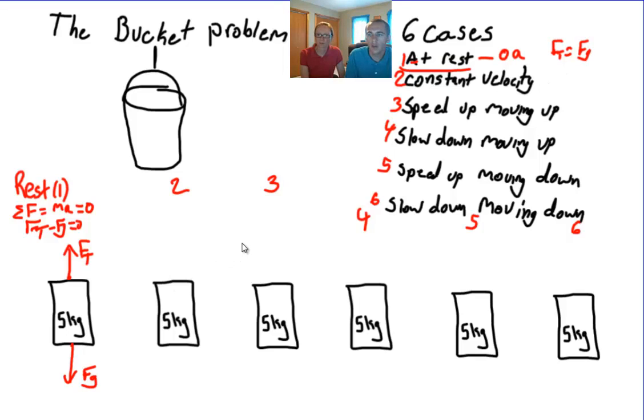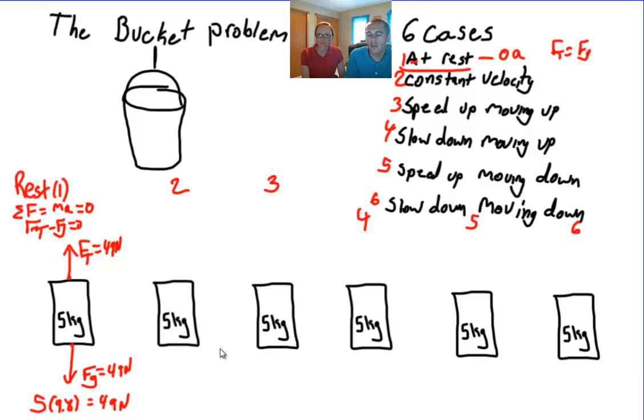We can even put a number on it because we know the mass and we know g. So 5 times 9.8 gets us our weight, and that's 49 newtons. So the tension force for this one is the weight force, 49 newtons.